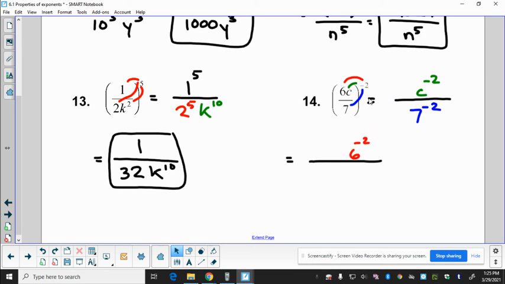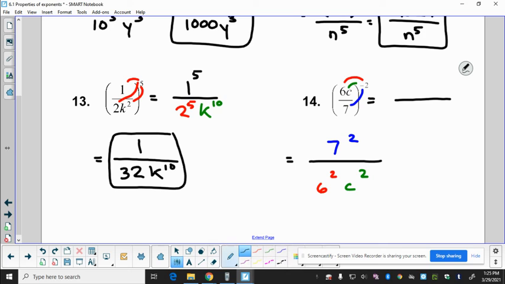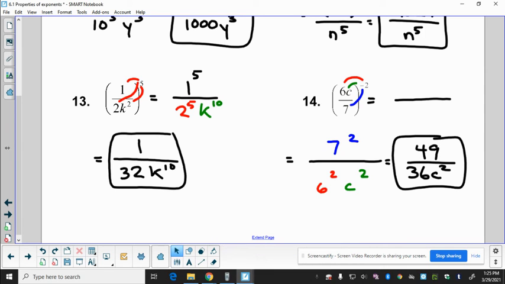So the 6 goes down here, c goes down here, 7 actually moves up here. We change negative exponents into positive after they move, and then we figure this out. 7 squared is 49, 6 squared is 36, c squared, positive exponents, we're good to go. That's the lesson.